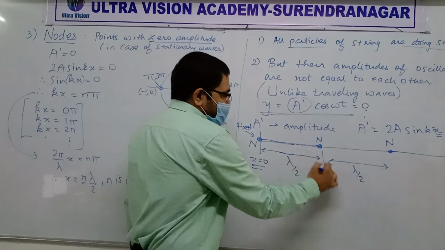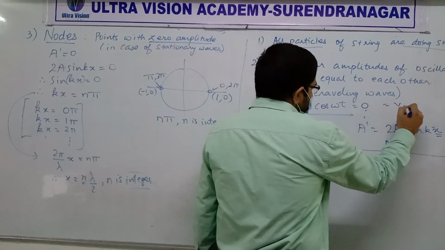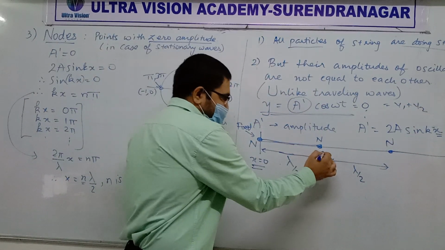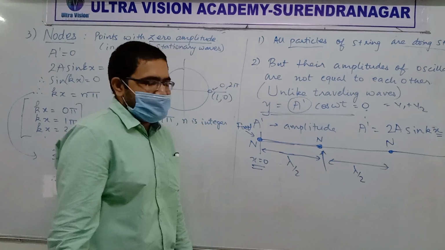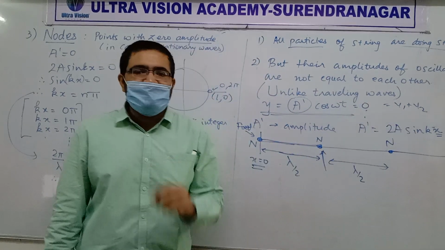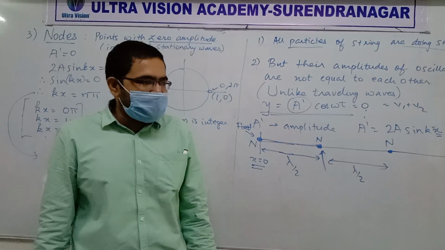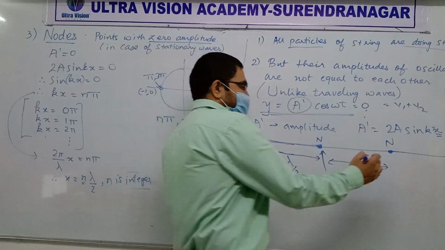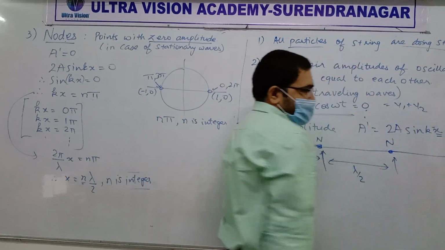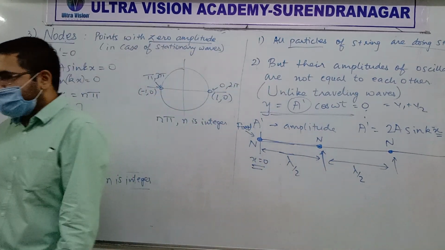At this point, by the superposition principle, we are always getting y1 plus y2 equal to 0. Same thing here, and further. Understood?